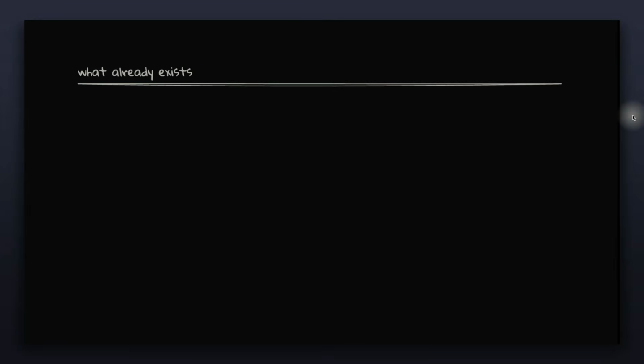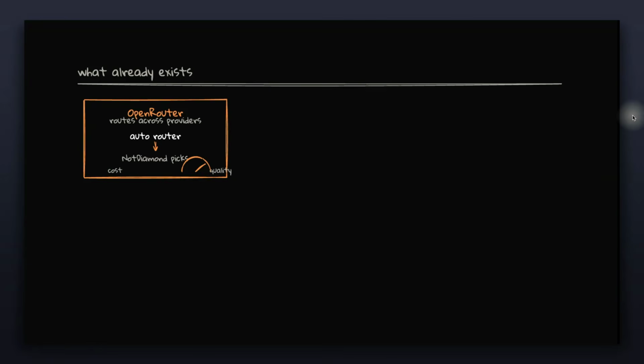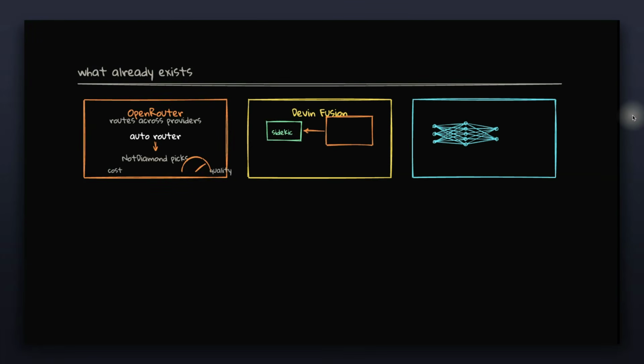Okay, so if you decide to use a routing mechanism or a routing layer, what exactly are your options today? There are both proprietary options like OpenRouter or Devin Fusion, and then there are open source solutions like RouteLLM, which is a trained classifier that can help you select a different model based on the task at hand.